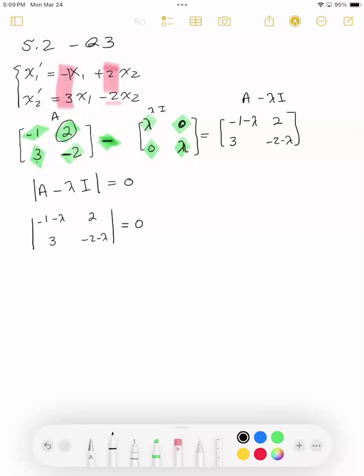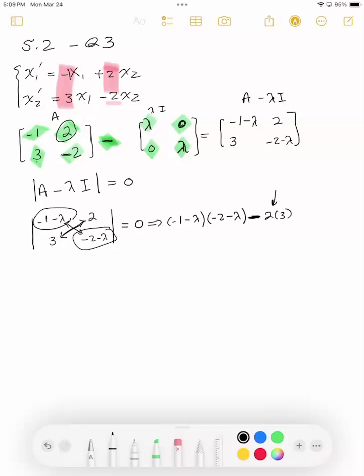So we multiply these two: -1 minus lambda, times -2 minus lambda. That's how you evaluate a determinant. You multiply the major diagonal, this times that. You put a minus sign, then you multiply these two, 2 times 3. So you always put a minus sign. And if this 2 happened to be a negative, then negative and negative makes it positive.